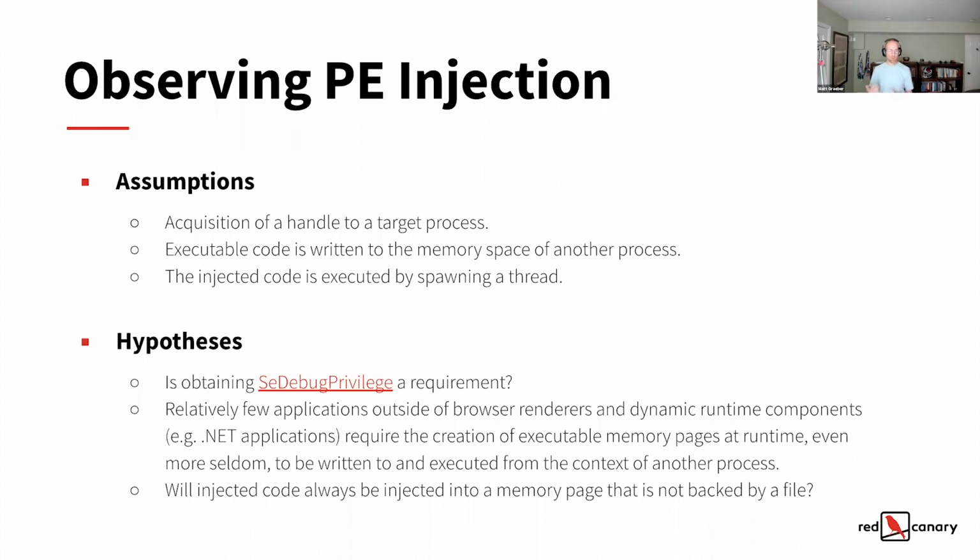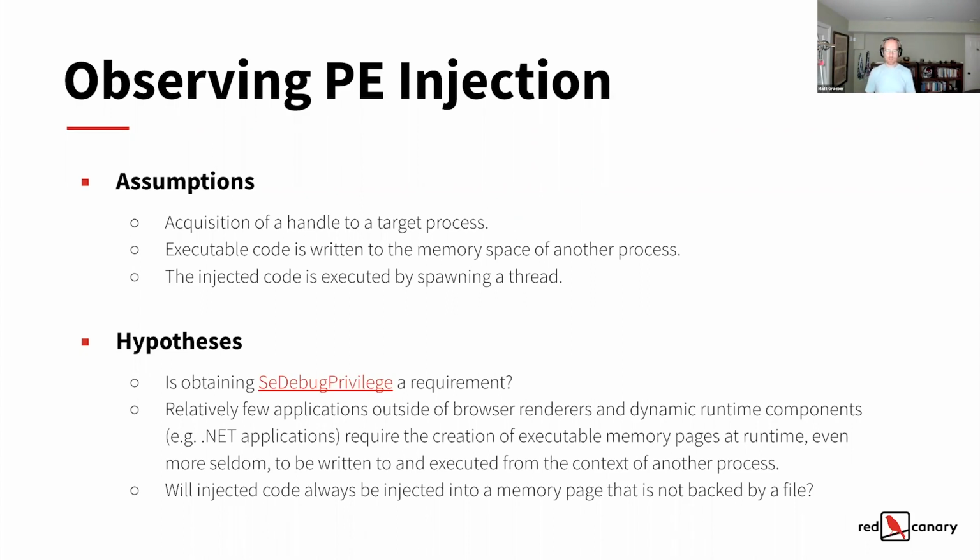Another hypothesis raised is to what extent is code or is memory allocated with executable page permissions at runtime, like after the process has been loaded. So I know this to be the case with like .NET applications, browser processes, since there's like jitting going on.